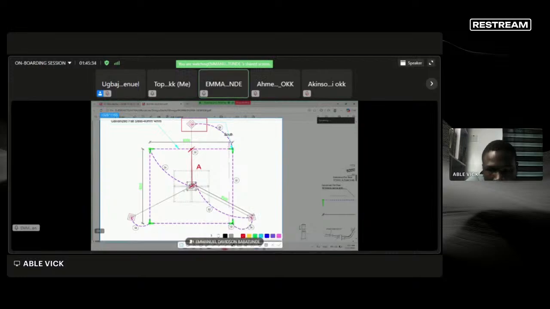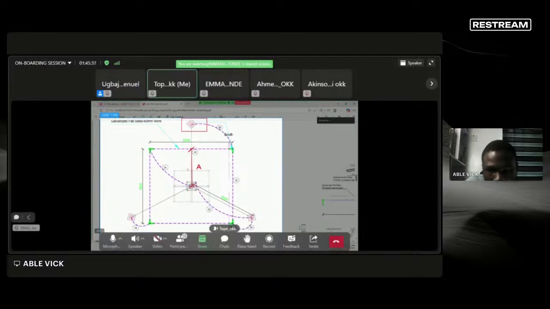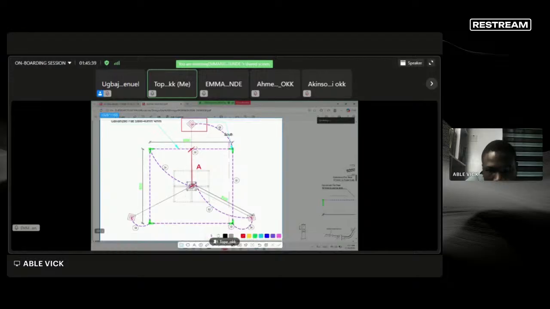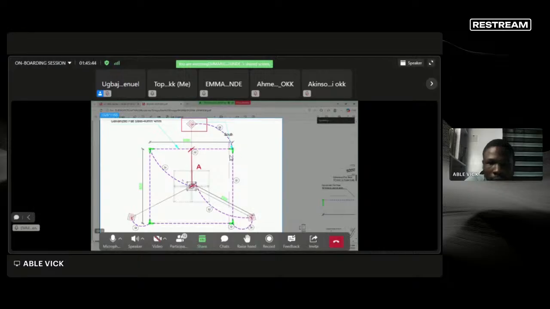If you want to establish 6 meter by 6 meter, from the center of the tower to the edge of the earthing ring should be how many meters? That's the answer: 3 meters.